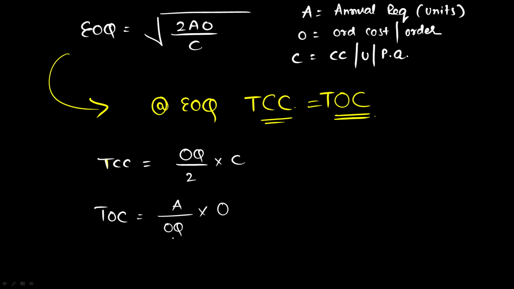What is A divided by ordering quantity? Number of orders, multiplied by O, ordering cost per order. I will get the total ordering cost. What is ordering quantity? What quantity I am ordering, divided by 2, average stock, multiplied by carrying cost per unit per annum. I will get the total carrying cost.